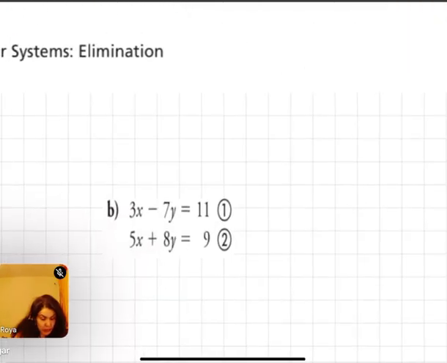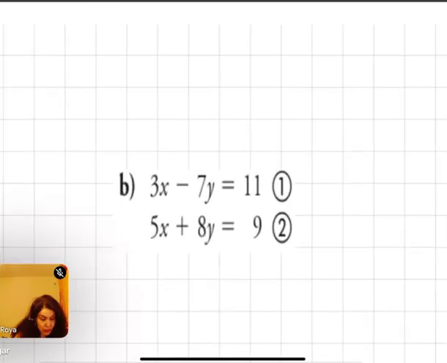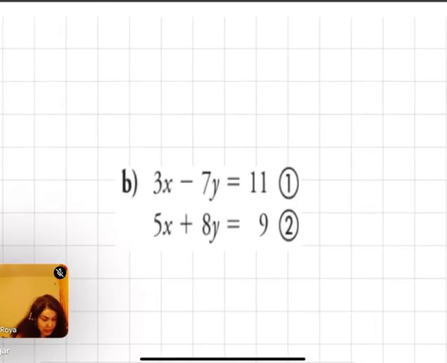It means that we need to eliminate x or y, because right now in this equation we have x and y. We cannot solve it if we have one equation, but because we have two equations, we have two equal signs, we can solve it. So the first step is to eliminate either x or y.